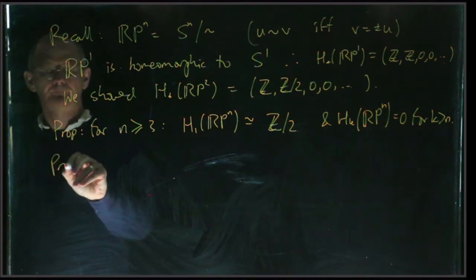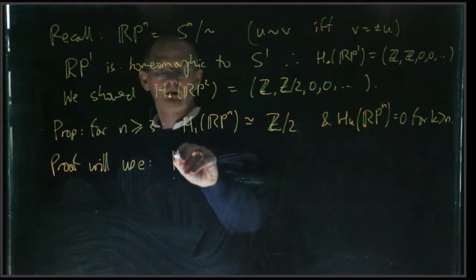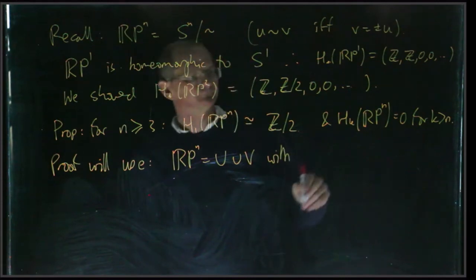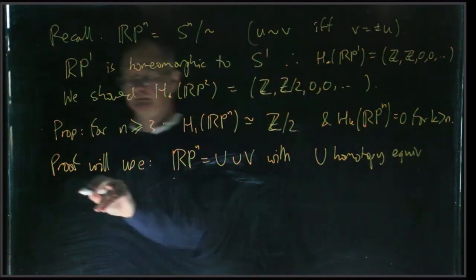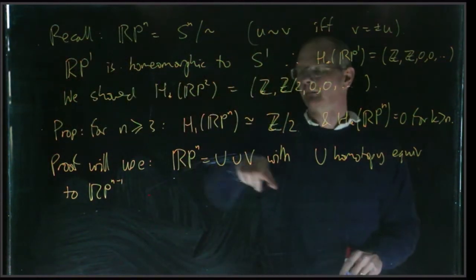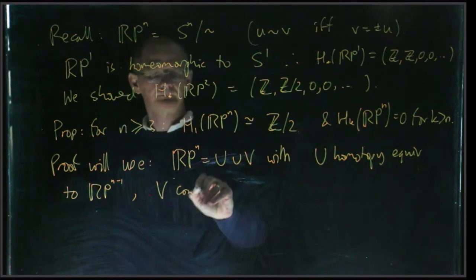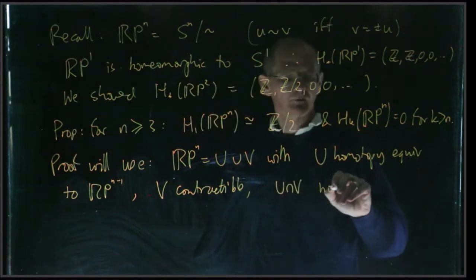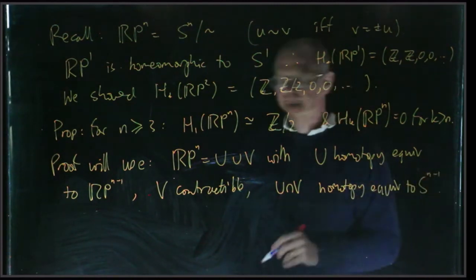For the proof, it's going to be possible to write RPn as a union of two open sets U and V, where U is homotopy equivalent to RPn minus 1, V is contractible, and U intersect V is homotopy equivalent to S^(n-1).